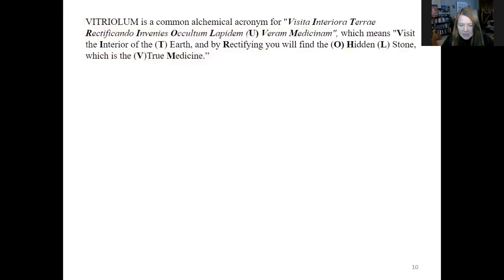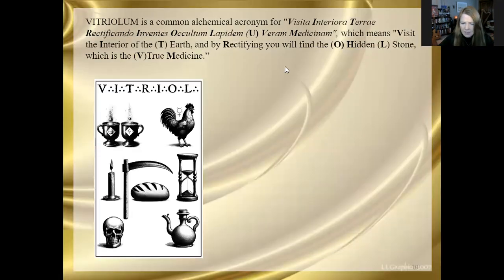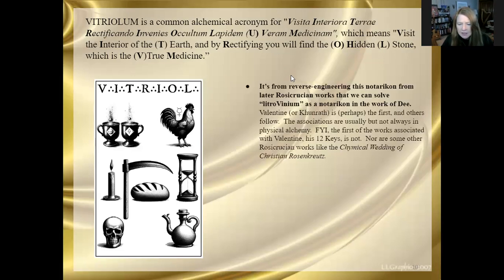Rosicrucian individuals. So anyway, there are others who have used this acronym who haven't been using it in terms of physical alchemy. What you're seeing there is from the chamber of reflection used by Masons. I'll talk about that in just a second.